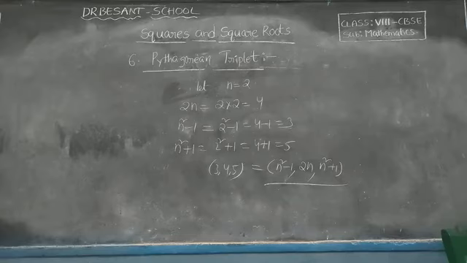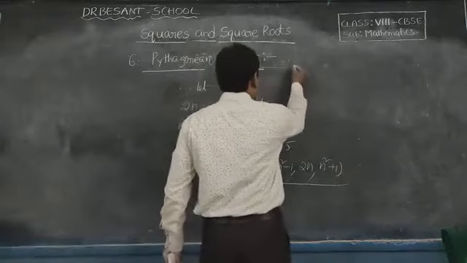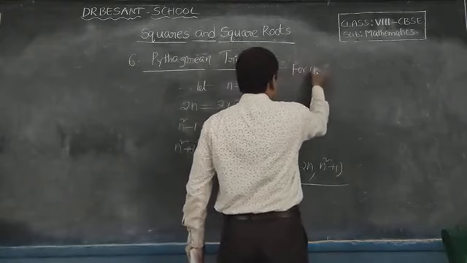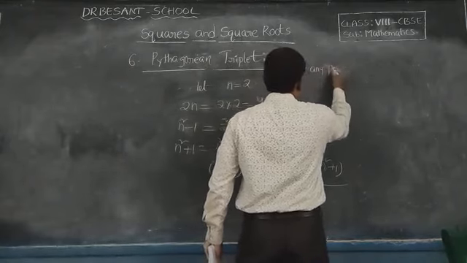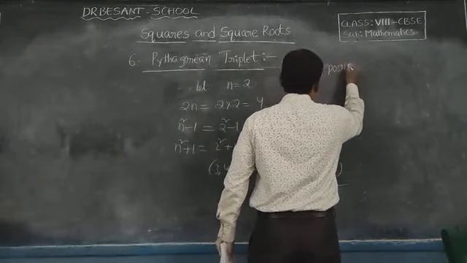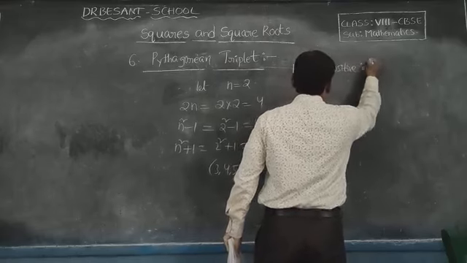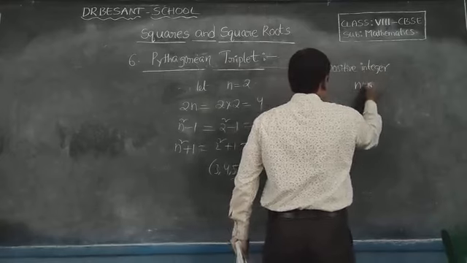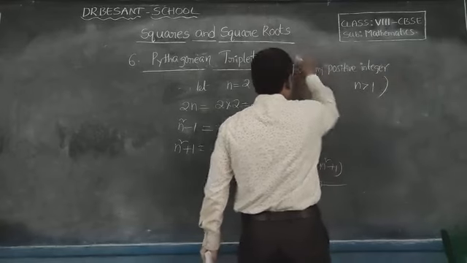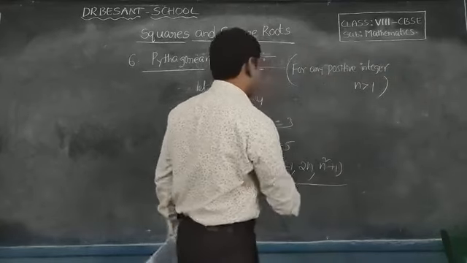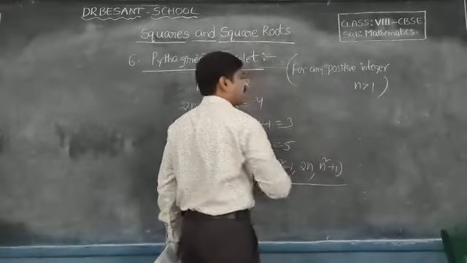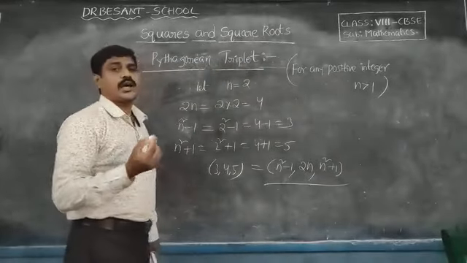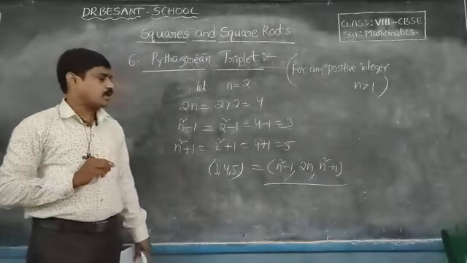For any positive integer n greater than 1, this condition must hold, then n square minus 1, 2n, n square plus 1 is called Pythagorean triplet. Okay.